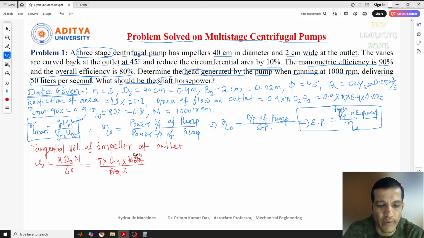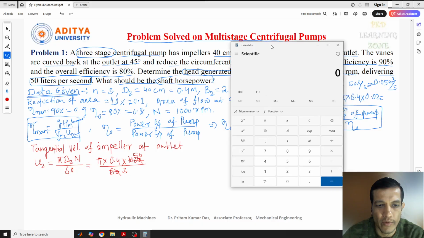So it will be 20 point something value. Anyway, we'll solve this with the help of our calculator. There will be no doubt.